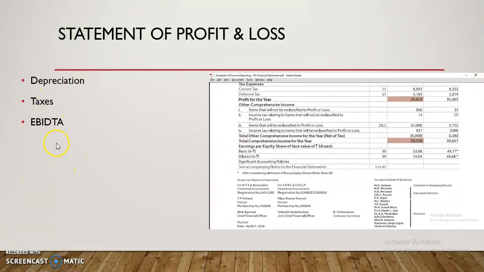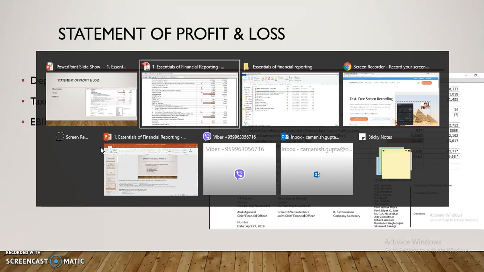Because this is a better measurement of operating income, operating profit, because depreciation depends on judgments, taxes depend on the tax rates, and interest depends on the capital leverage ratio of the entity. But it has nothing to do with the operations or operating efficiency. So that's why we add back those things to compare the profitability of the entities with other entities.